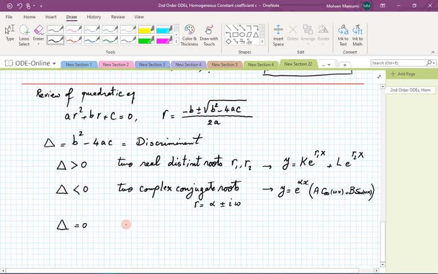That is, in this case, both R1 and R2 are minus B over 2A. This case sometimes is referred to as having twin roots. So both R1 and R2 are the same numbers.